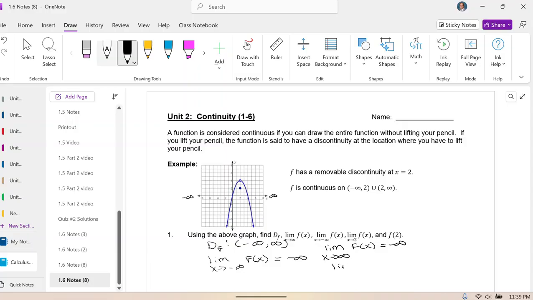The limit as x approaches 2, well, if you notice from the left and the right, it goes to the number 4. And then the function value, f of 2, is equal to 2. That's the dot right there.